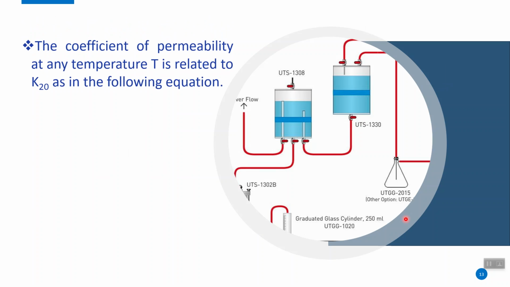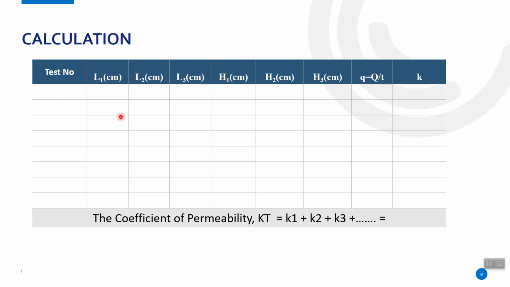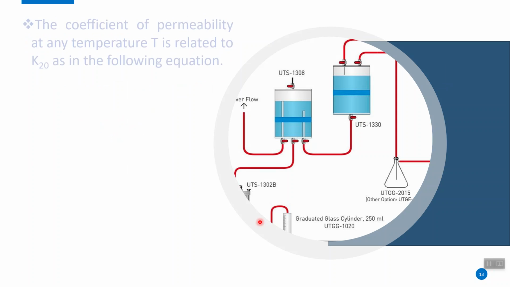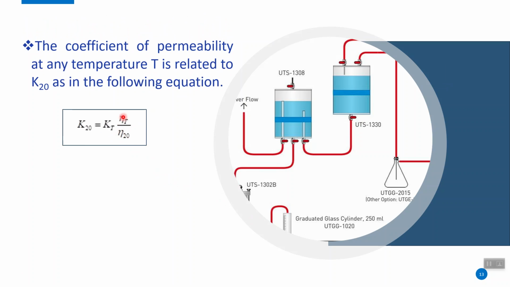Then, the coefficient of permeability at any temperature T is converted to K20 using the following equation. So, you should measure the temperature during your test. But the coefficient of permeability is based on K20. So, we can get the K20 coefficient of permeability from this equation. KT is what you get from this. And then the viscosity ratio, nu T by nu 20, you can get from that table.